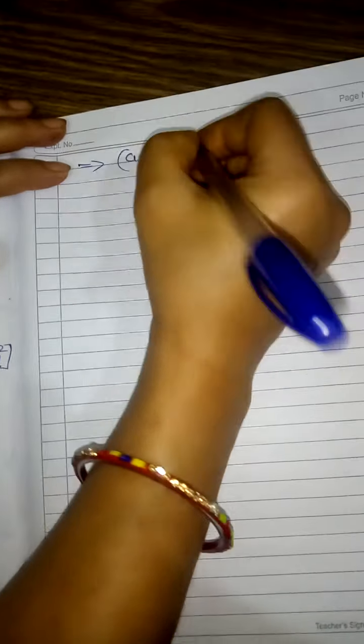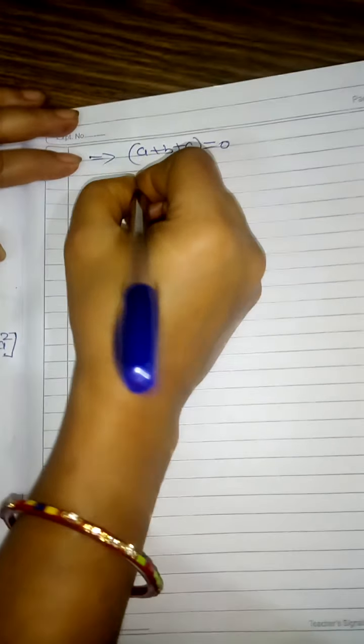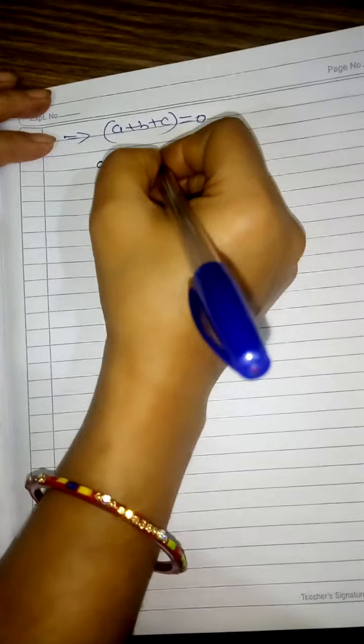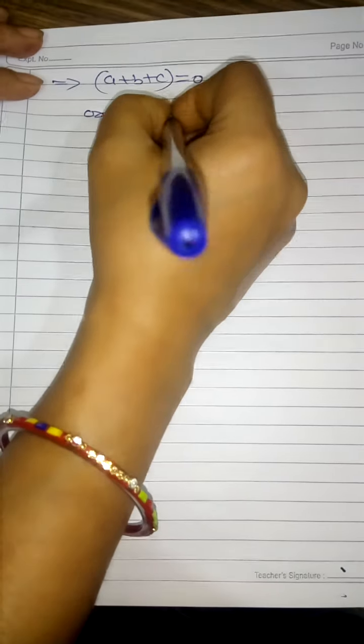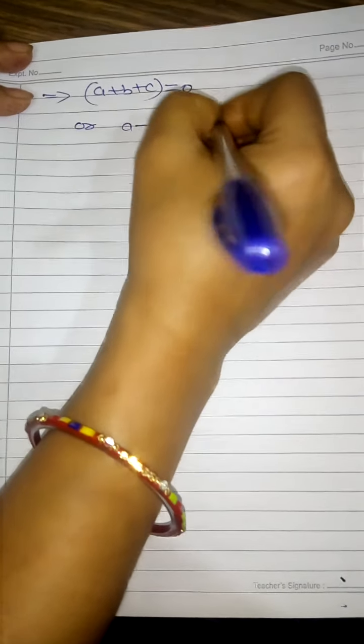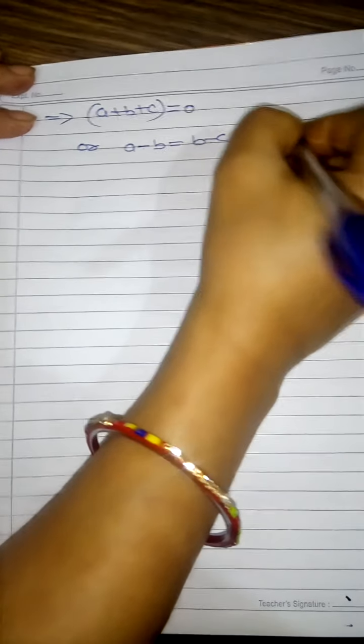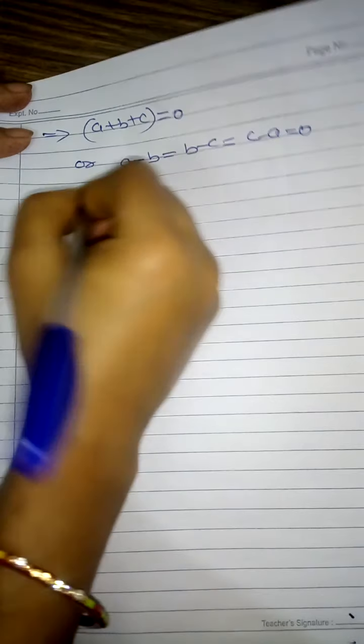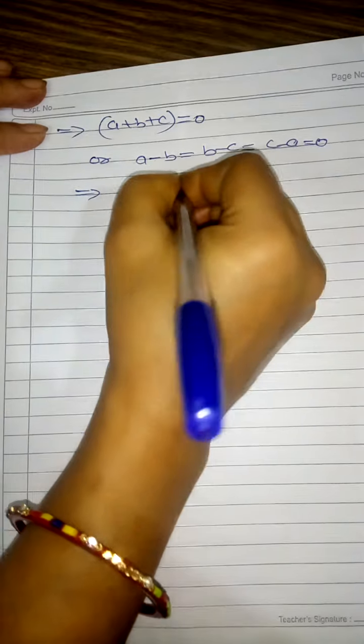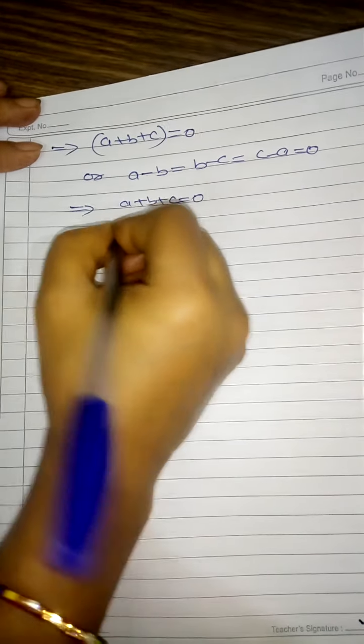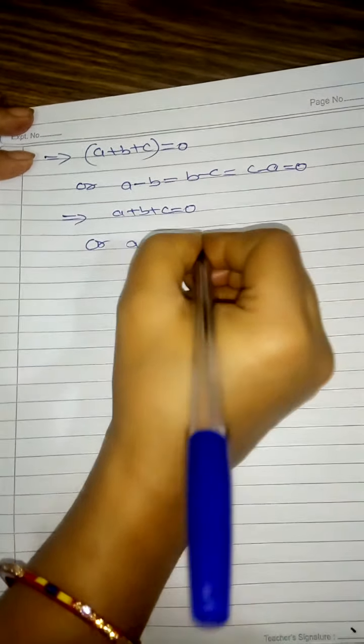After that, A plus B plus C equal to 0, or A minus B equal to B minus C equal to C minus A equal to 0. So in this step, A plus B plus C equal to 0, or A equal to B equal to C.